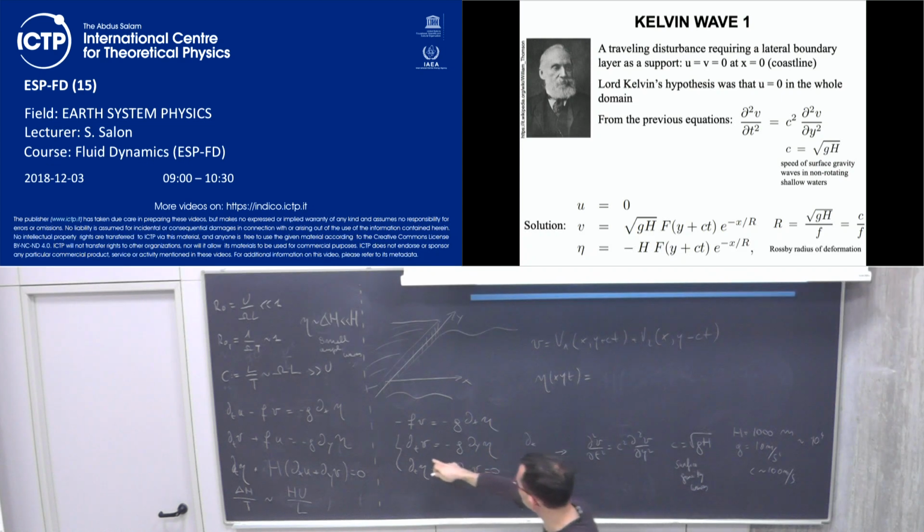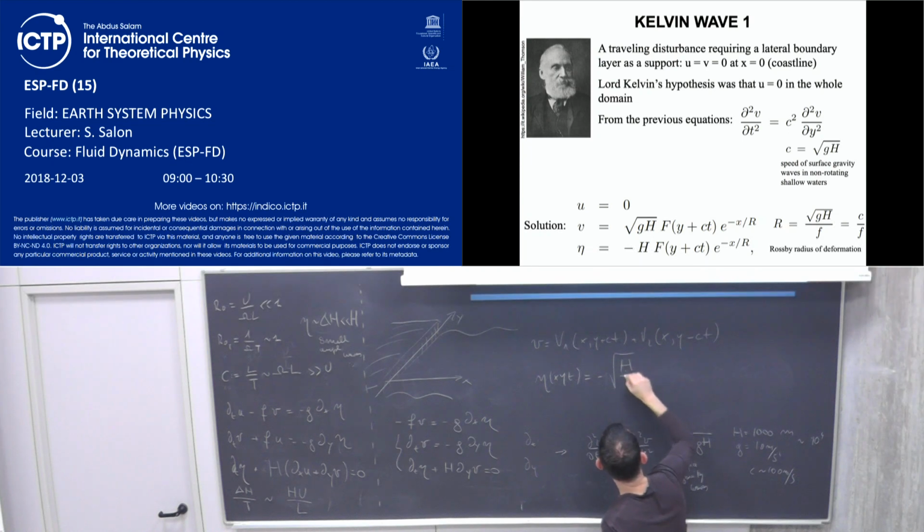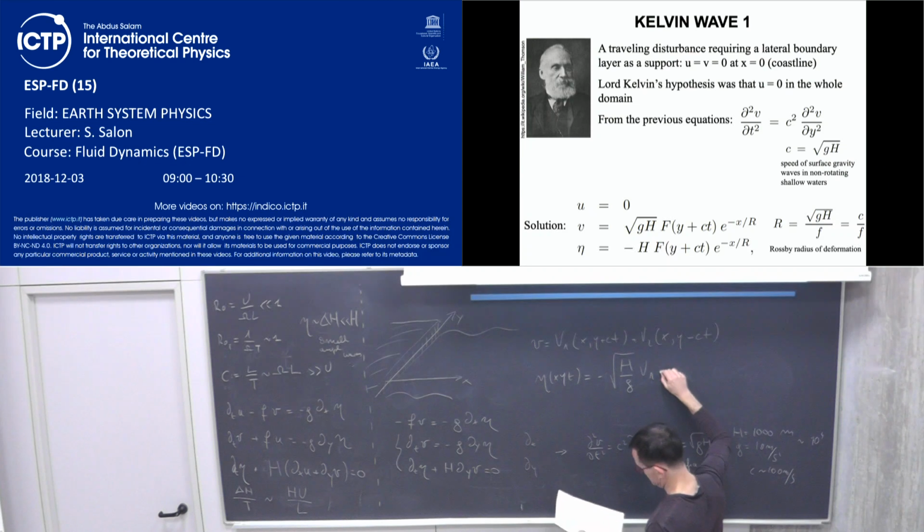If we put v1 plus v2 here, when we make the time derivative, we will obtain c, and we can then integrate over h, and what we will find, you will of course find all the details in the book, is h over g v1 plus h over g v2.